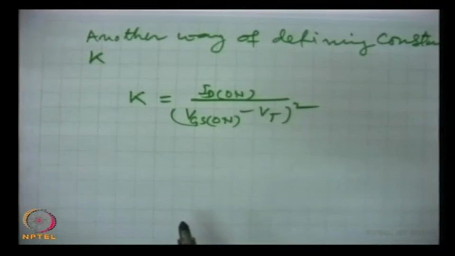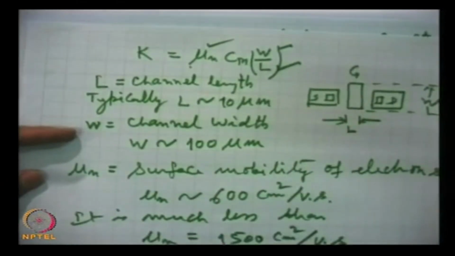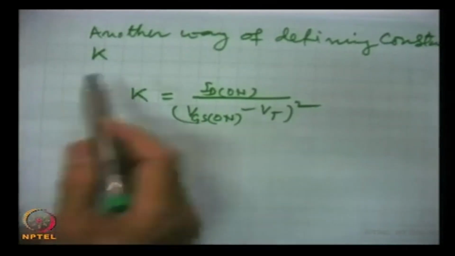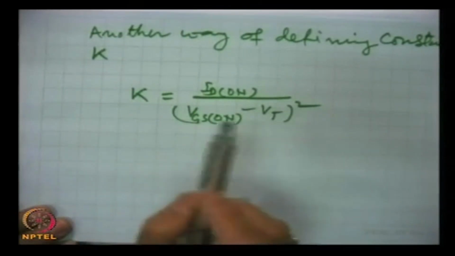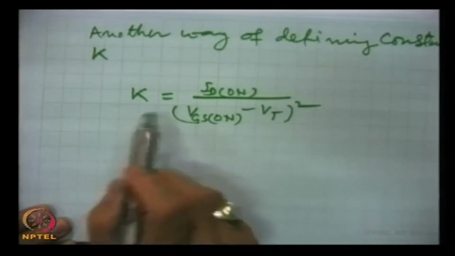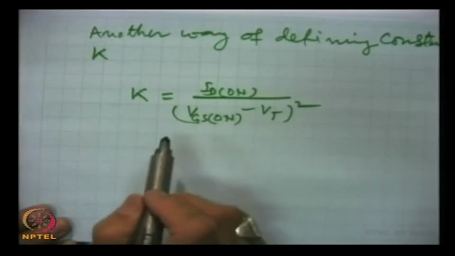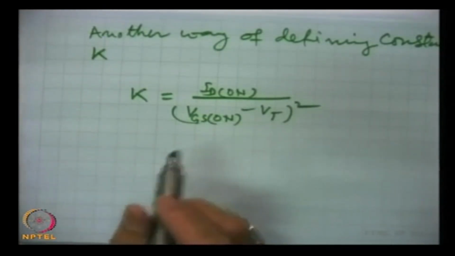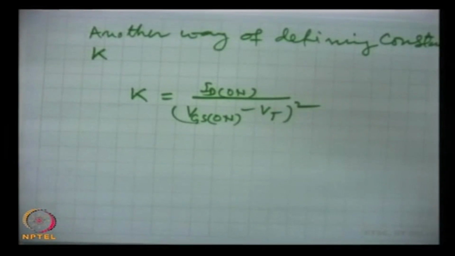If we use the first expression, then we should know the geometry of the device completely. In the absence of that, if they are not available, then we can use this expression for the constant K, where the parameters can be determined from the drain characteristics.